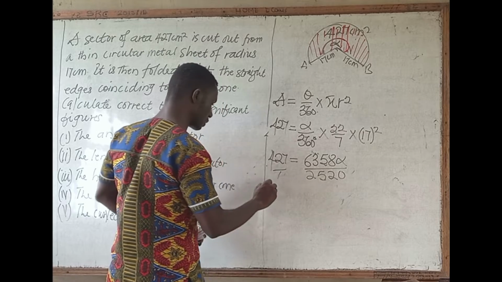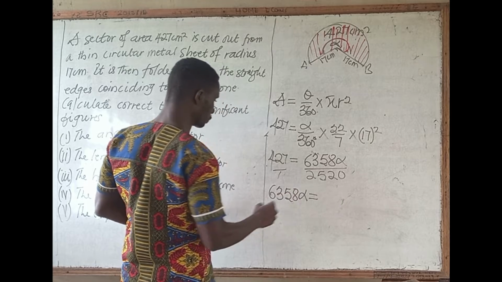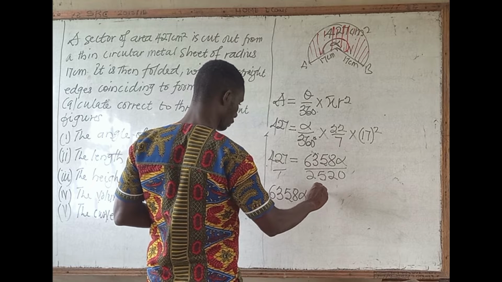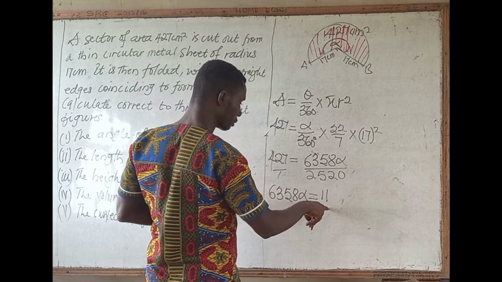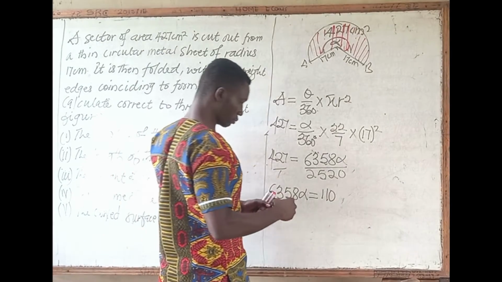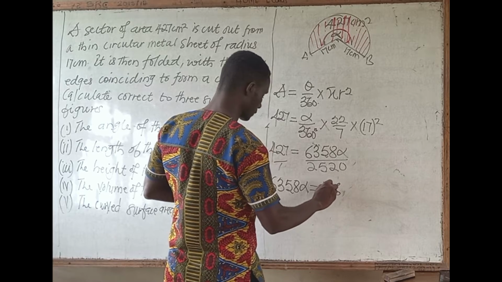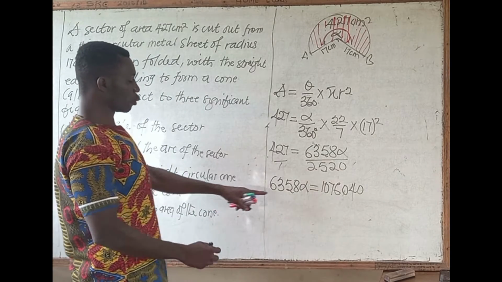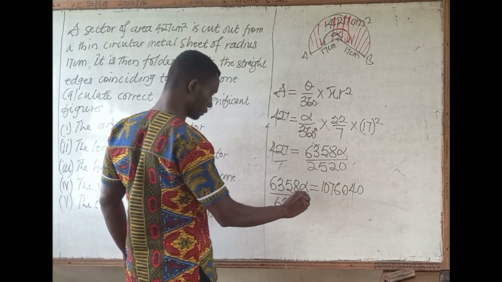6,358 alpha is equal to 2,520 times 427, which gives us 1,076,040. Now, if you want alpha, you divide this by 6,358.